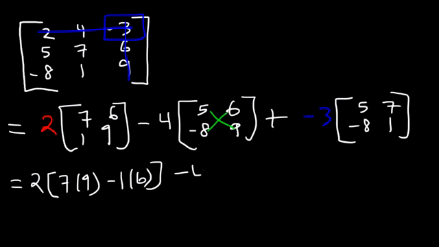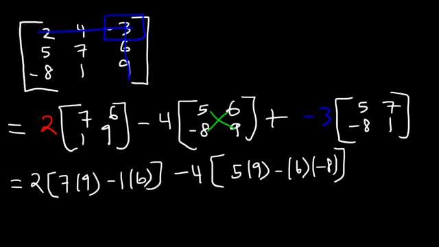So first we have a negative 4, and then 5 times 9 minus 6 times negative 8. And then we're going to have negative 3 times 5 times 1, which is 5, minus negative 8 times 7, which is negative 56.